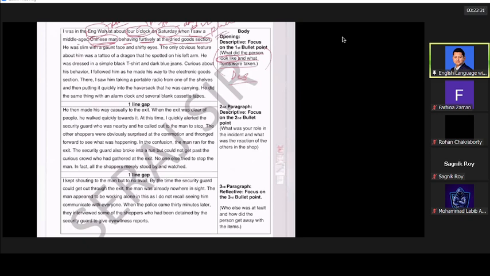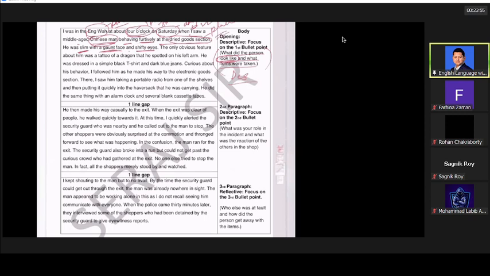Okay. "He was slim." I think this is the physical description. "He was slim with a gaunt face." Gaunt means quite sharp and thin face, "and shifty eyes." Very good, nice direction. I will say that the writer is very clever and is giving a proper description of that man. It's so descriptive.